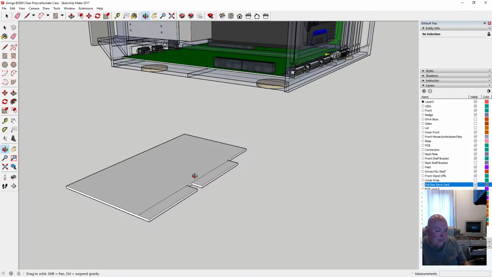Right, so we've got some more measurements to do. I'll measure across there. So we've got 30mm. So 30mm from here. Then we go down to, let's have a look at this pointy end.